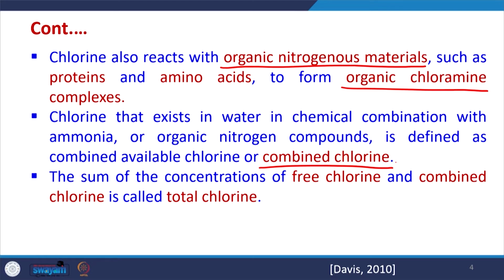This is different from free chlorine. Free chlorine is either HOCl or OCl minus, then we have combined chlorine, which is the chlorine combined with ammonia or organic nitrogenous compounds. The combination of free chlorine and combined chlorine is called total chlorine. So this is the simple information.